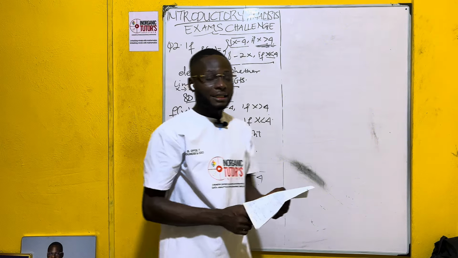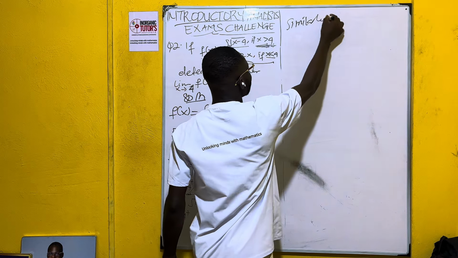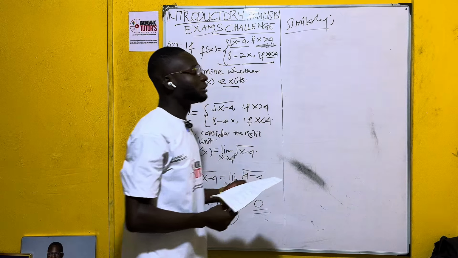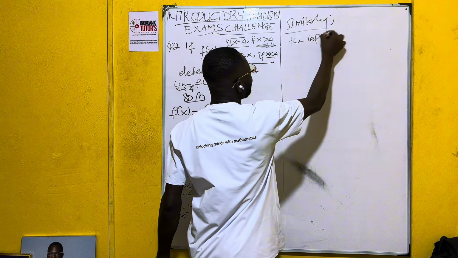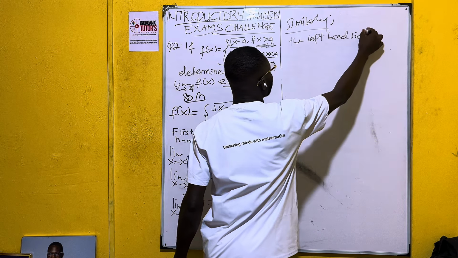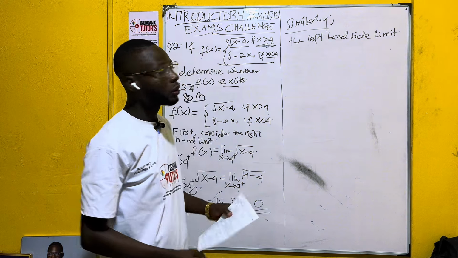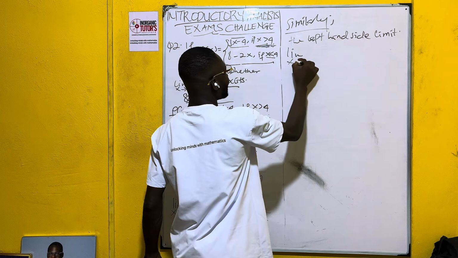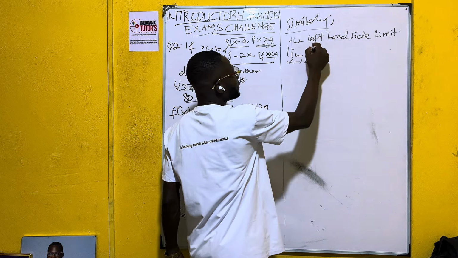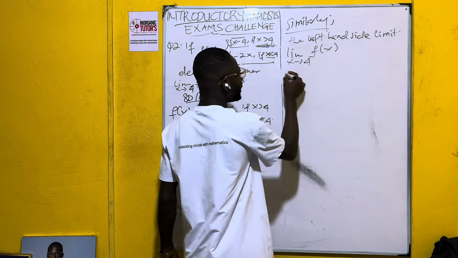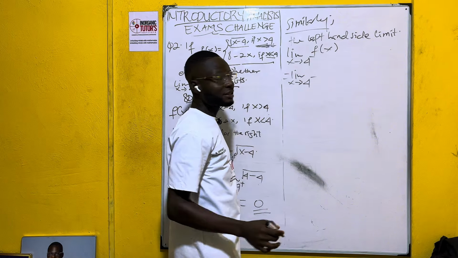Now, let's consider the left-hand side, right? So similarly, the left-hand side limit. So we are going to say that limit as x approaches 4 from the left-hand side of the function is equal to limit as x approaches 4 from the left-hand side.